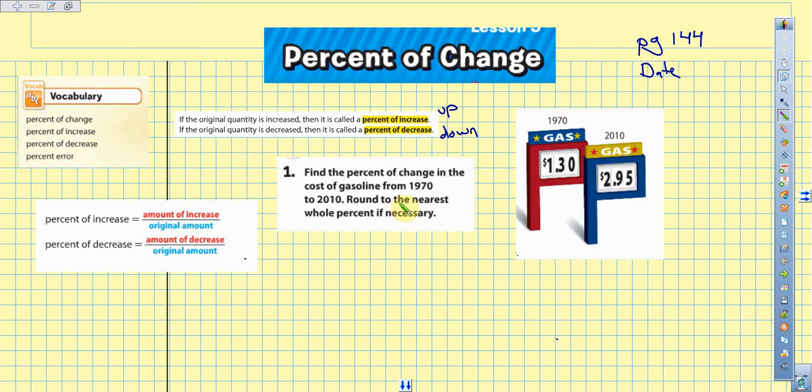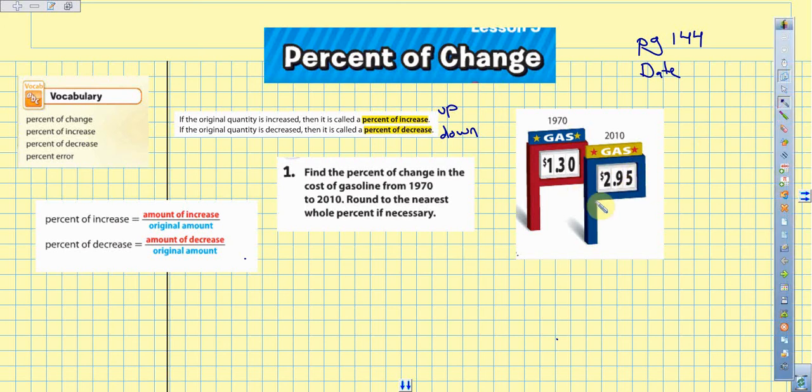gas prices. It says find the percent of change in the cost of gasoline from 1970 to 2010. Round to the nearest whole percent if necessary. Okay, so we can look over here and see that in 1970 our gas price was $1.30. In 2010 our gas price was $2.95.